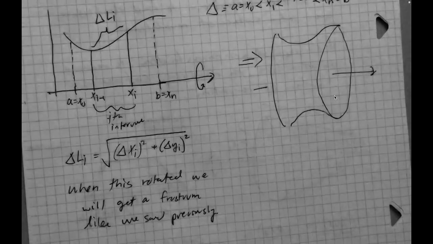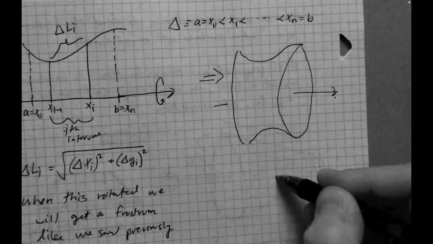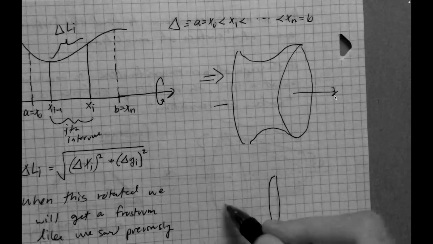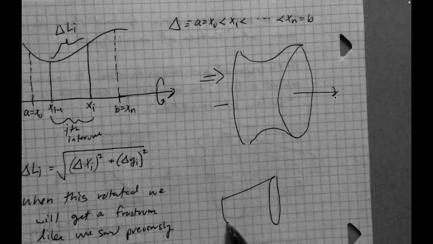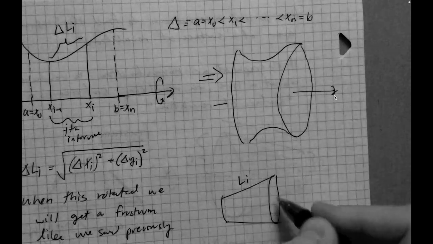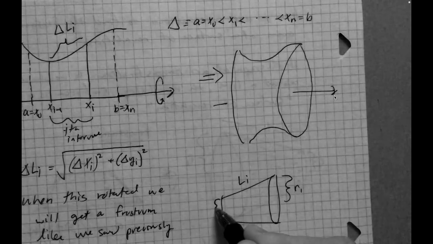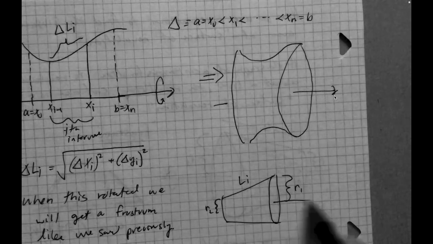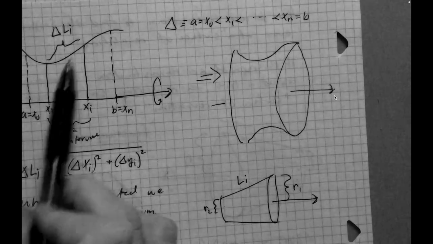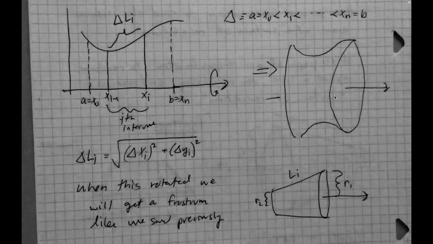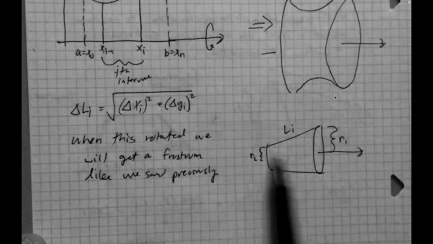All right. So let me just really quickly redraw it here. So here's your Li, and then here you've got your R1, there's your smaller R2, axis of rotation. That's what you're going to get, right? When you flip this around the x-axis here, it's going to sweep out some kind of an area here.